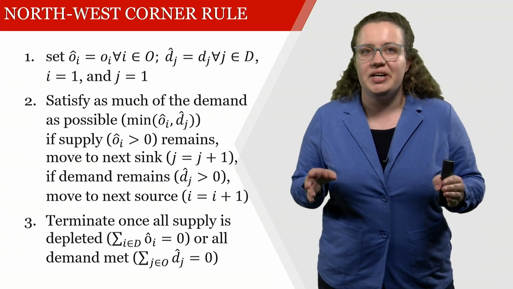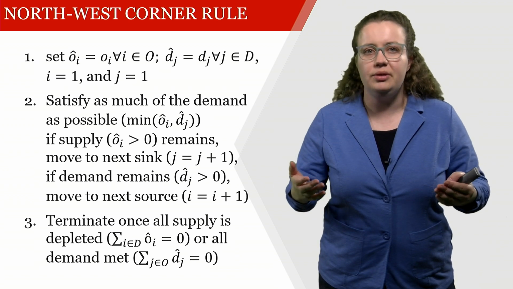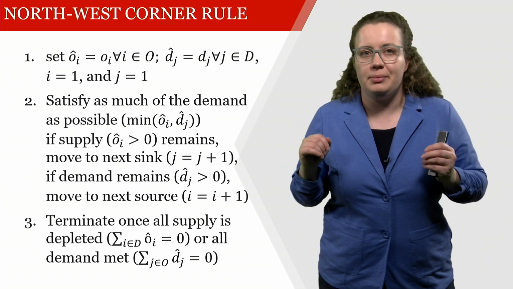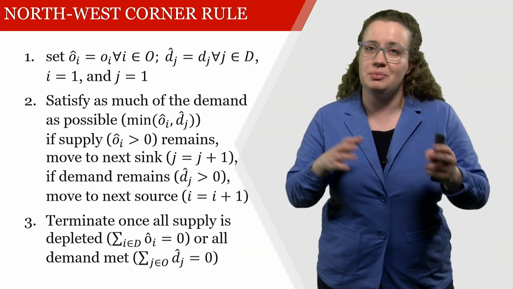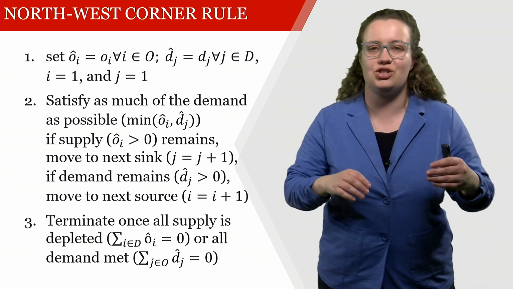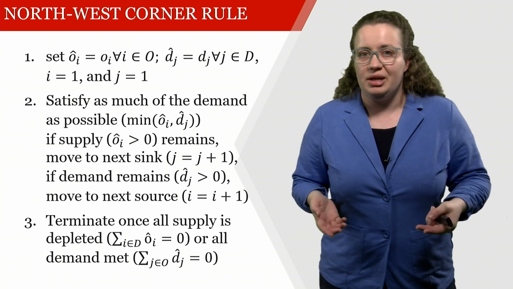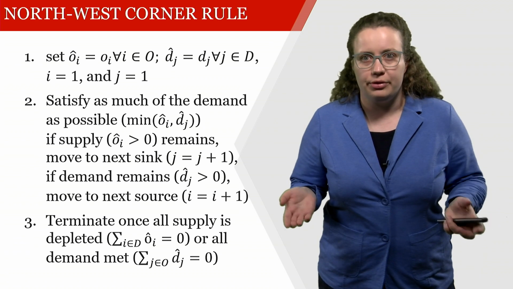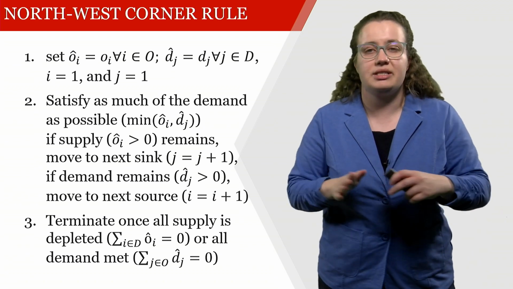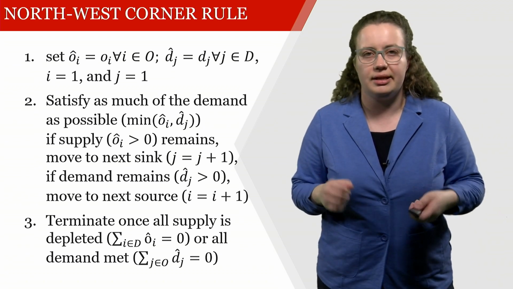Then we satisfy as much of the demand as possible if supply remains, and then move to the next sink. If demand remains, we move to the next source. And then we terminate once all supply is depleted or all demand is met, or both. So let's look into an example because that will make things a lot clearer.